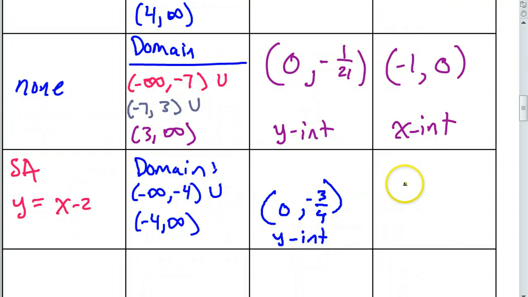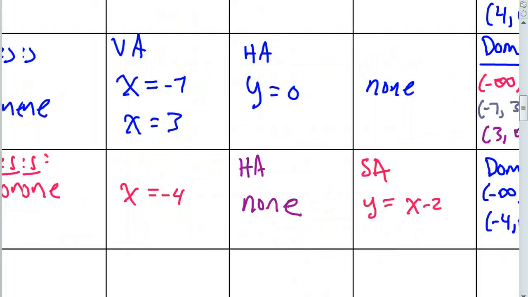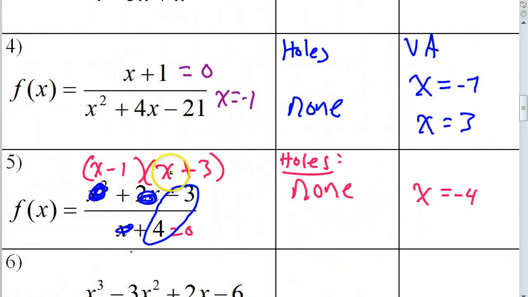To find the x-intercept, I'm going to set the numerator equal to 0. Now look at the numerator in factored form. If I set these two equal to 0, you can tell what I'm going to get. From x minus 1, I'm going to get +1, and from x plus 3, I'm going to get -3.